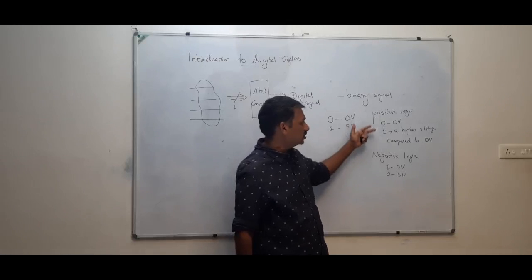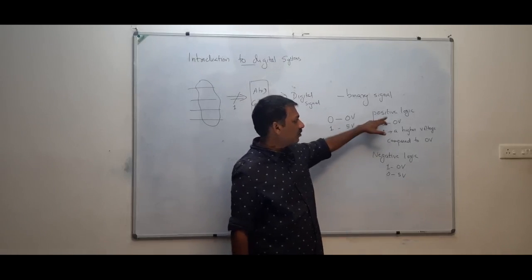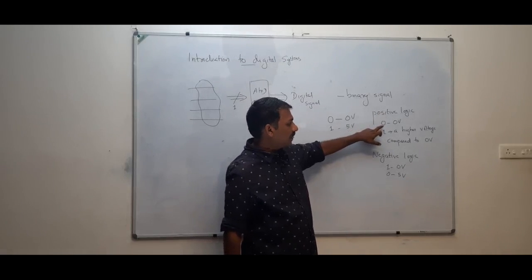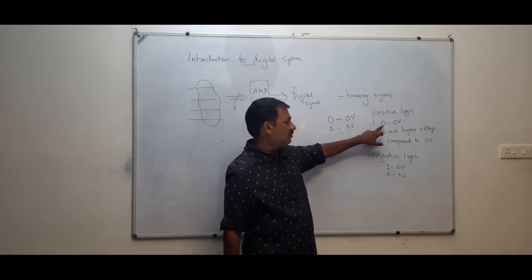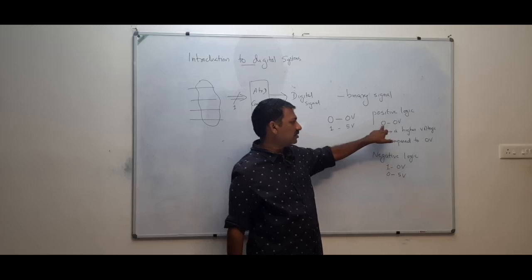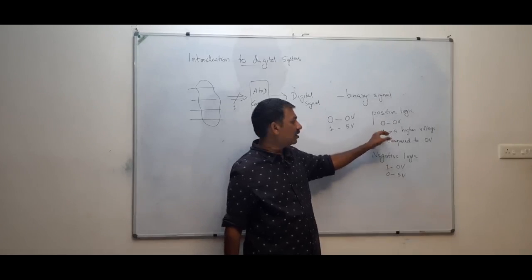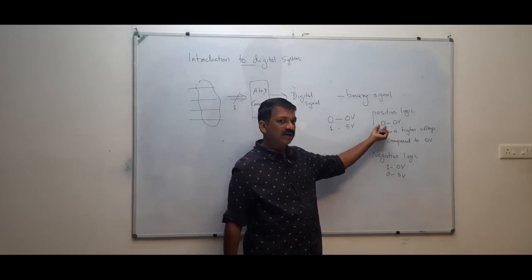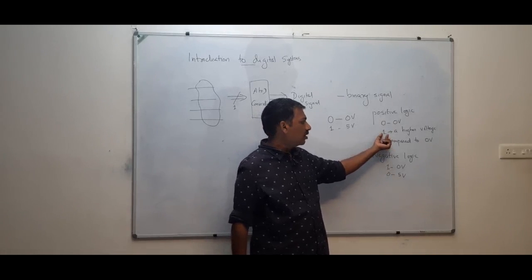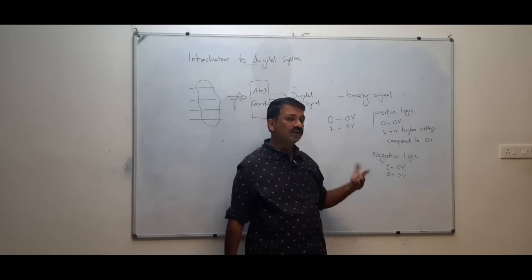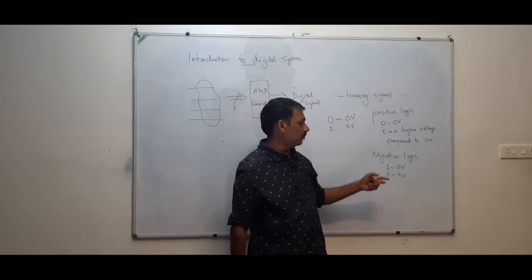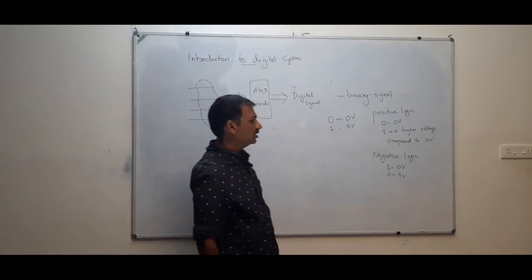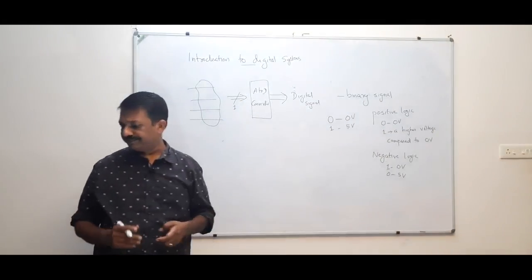That is the positive logic and negative logic. In positive logic, either 0 ampere or 0 voltage is used for binary bit 0, and 1 is having a higher voltage or higher current compared to 0. And in negative logic, we are using vice versa.